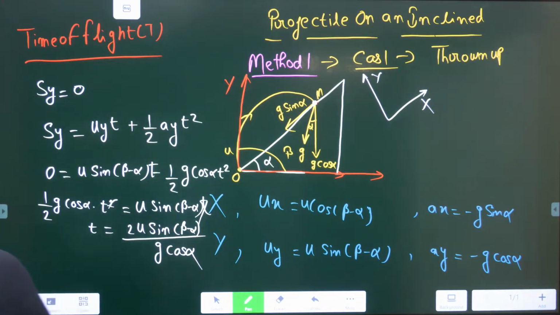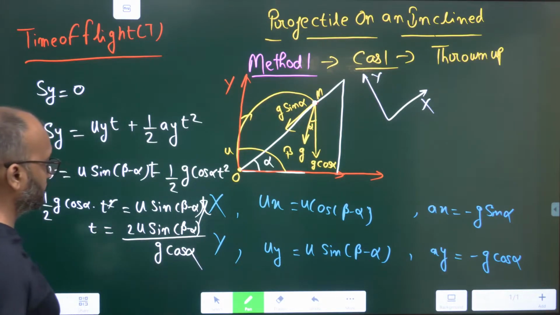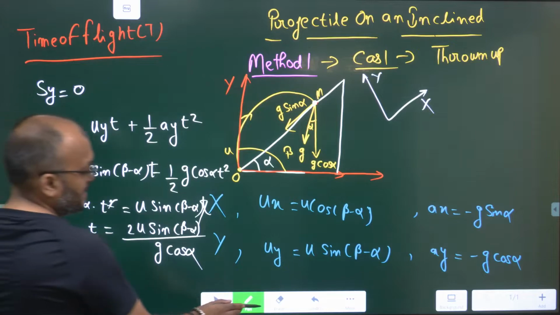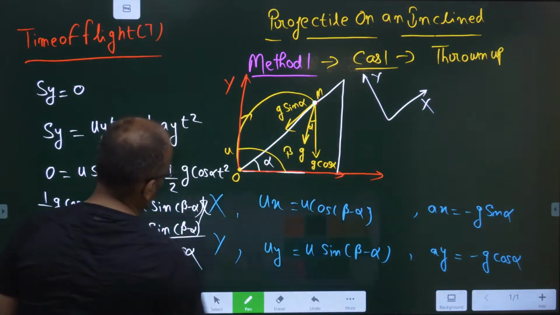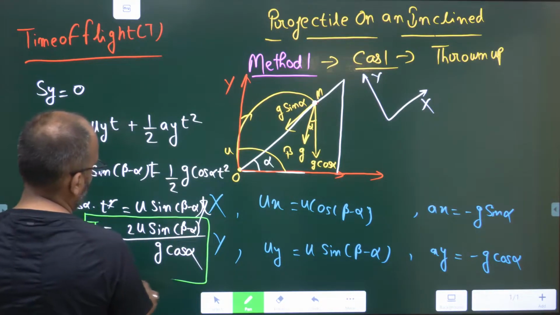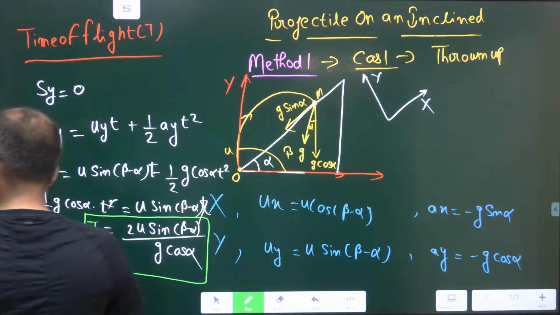Yes, please see. So that is the expression for time of flight. I will write it by capital T. Note it down.